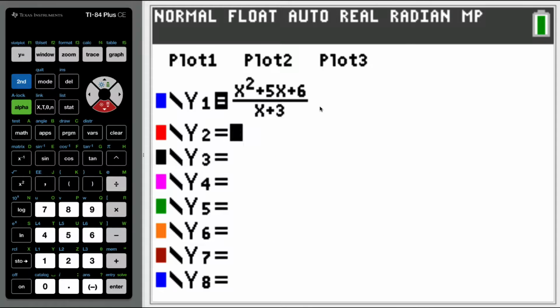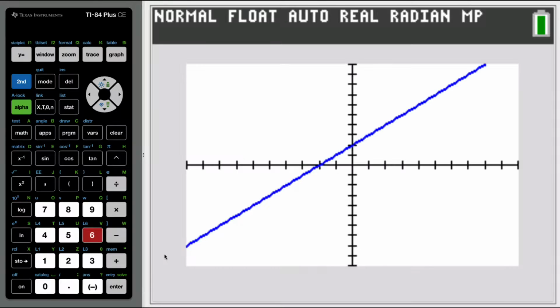So in my calculator, I've got that original function typed in. I'm going to do zoom 6 to get my nice 10 by 10 window. We said that it was going to look like x plus 2, so a line with a slope of 1 going through that y-intercept at 2. And our graph does look like that. But I said there was going to be a problem at -3. But our calculator doesn't really show that problem visually.